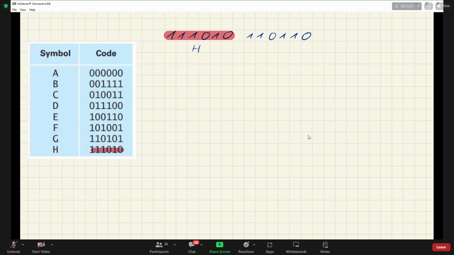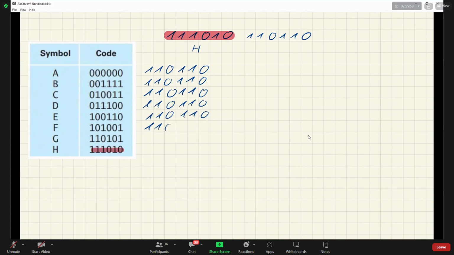So we found that one here. It's H. And now we are comparing the second bit pattern, the 1 1 0 1 1 0, with the individual lines that we have there. And what we are noting is the Hamming distance. So comparing the pattern with A, what is the Hamming distance here? 4.